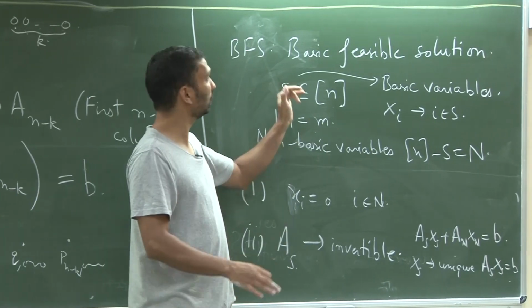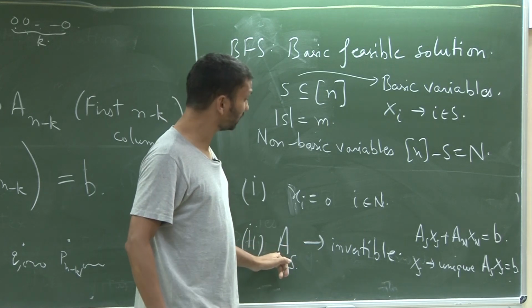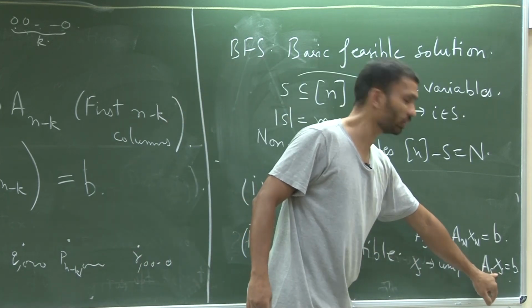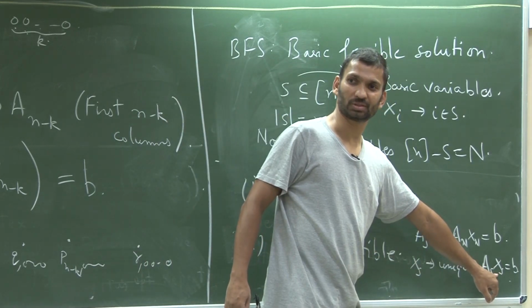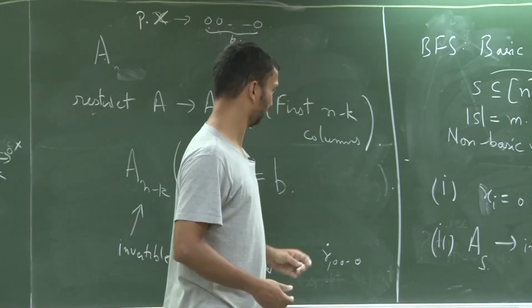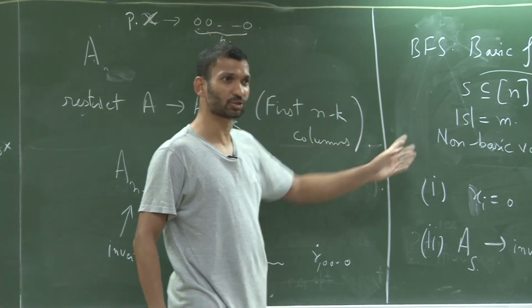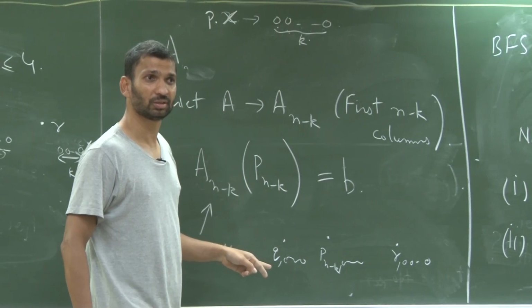If they are invertible, then only it will be a basic feasible solution. Otherwise, you forget about it. If it is invertible, you solve this equation, this gives you the value of the remaining variables. You have everything. Okay? So you see a good reason to define this kind of a nice solution from here, right?